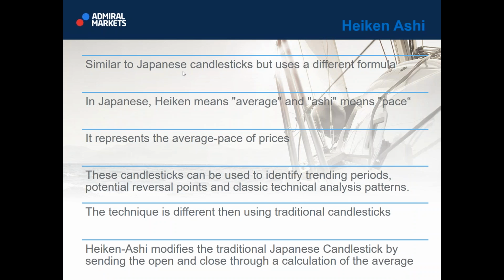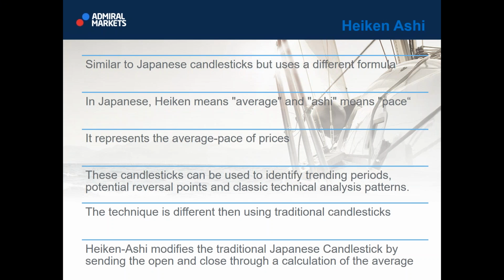So Heiken Ashi is definitely similar to Japanese candlesticks, but we have a different formula for calculation. In Japanese, Heiken means average and Ashi means pace, so roughly translated, it means the average pace of prices.